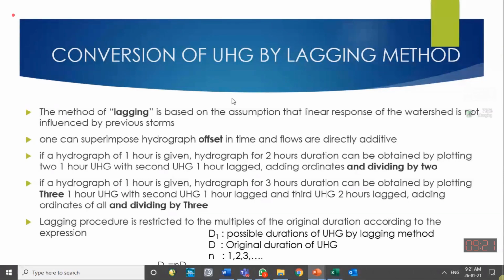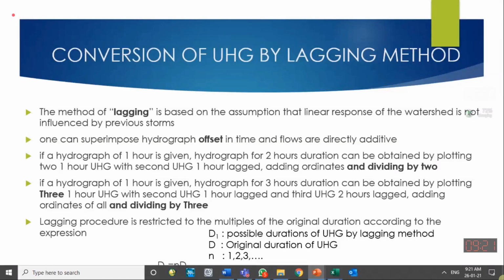If a unit hydrograph of 1 hour is given and we want to convert it to a unit hydrograph of 3 hour duration, that is a whole multiple of 1 hour. So multiply by 3. In this case, we can use a simple method. The lagging method can be used for such conversion.